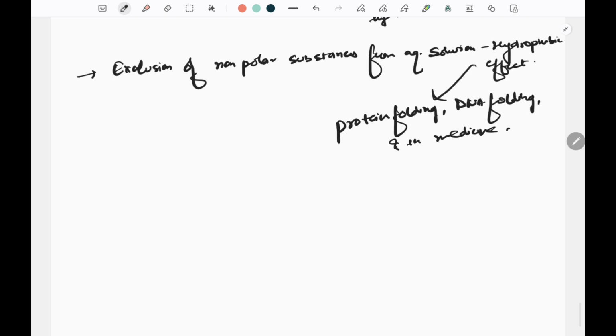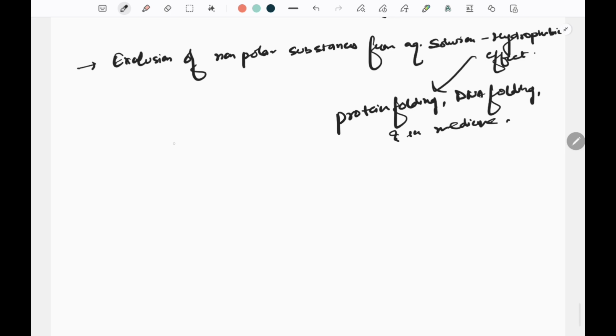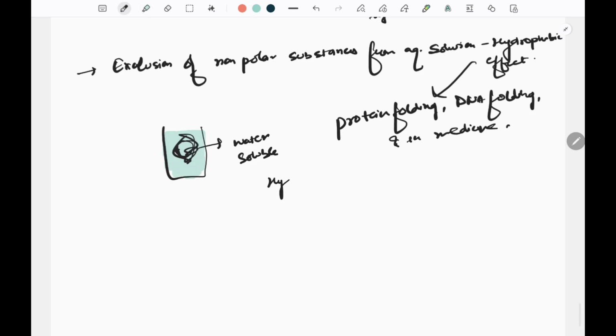So just suppose we have a protein molecule, which is water soluble. It will easily solubilize in the water and will have no effect. Now just suppose there is a particular protein which has very hydrophobic groups, which we are going to study in upcoming lectures. But I think you understand what hydrophobic groups are, which basically repel the water.